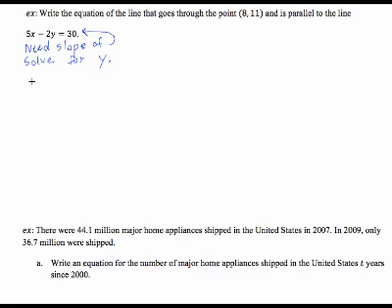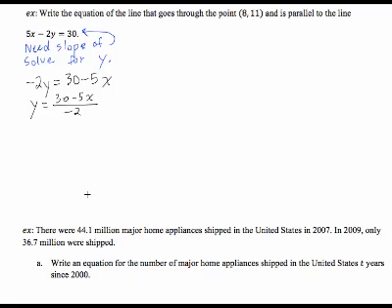So in solving that for y, let's move the 5x over, so I'll have negative 2y equals 30 minus 5x. Then I divide both sides by negative 2. I noticed a lot of people had trouble with this arithmetic.